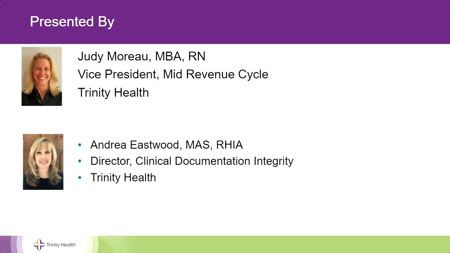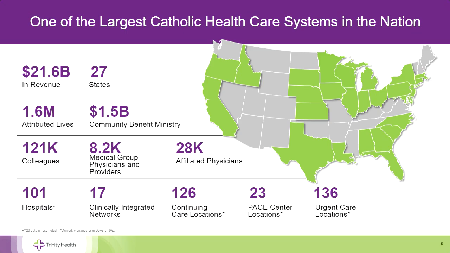Before we get started on our talk, just a little bit about our organization. We are one of the largest Catholic healthcare systems in the country. We have a presence in 27 states from coast to coast, approximately 101 hospitals.